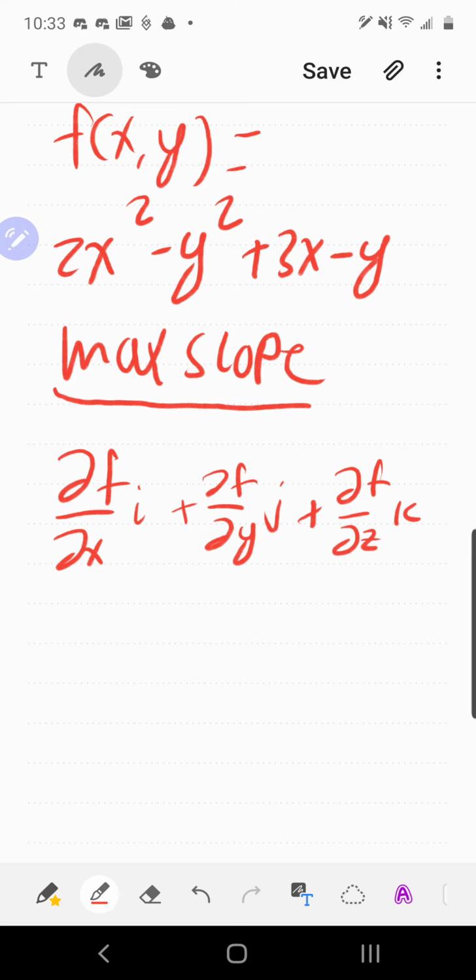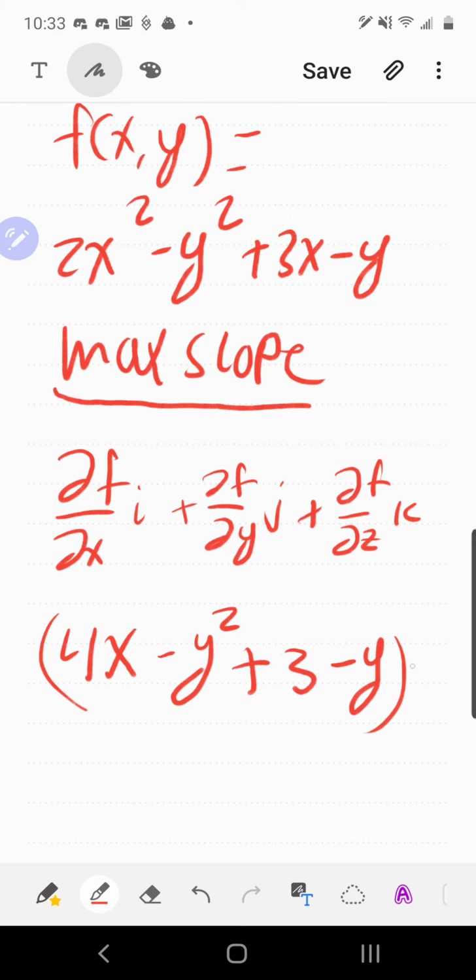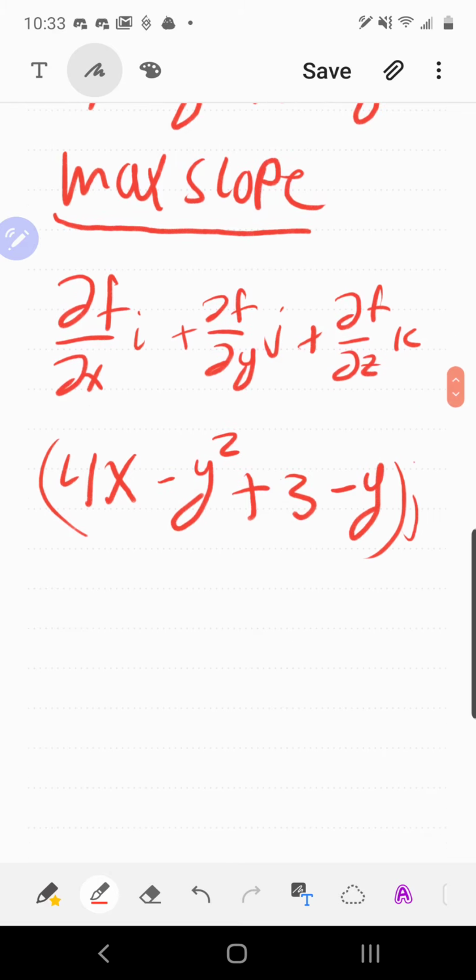Okay, so we're going to take a partial derivative with respect to x first. We're going to have 4x plus 3 minus y, that's going to be in our i. And then the partial in y, there is no z, so that term will drop out to 0.